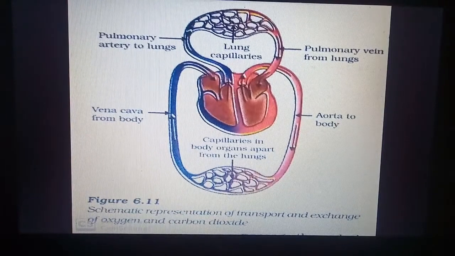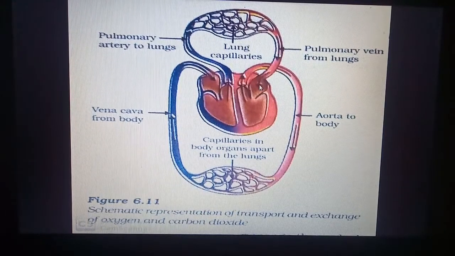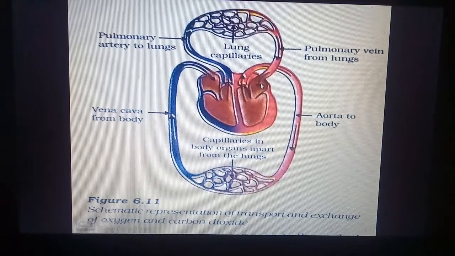In this figure we can see the 2 types of circulation. So the upper part is the pulmonary circulation. We can see that the pulmonary artery takes the deoxygenated blood, this blue colored blood, to the lungs. It becomes oxygenated and enters through the pulmonary vein. So this is pulmonary circulation. And the aorta takes oxygenated blood to the body, which goes to the body parts other than the lungs.